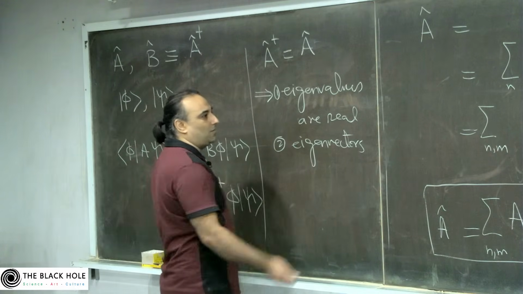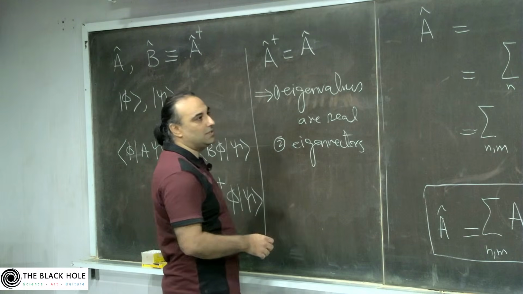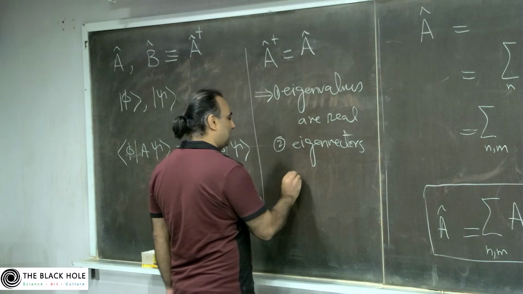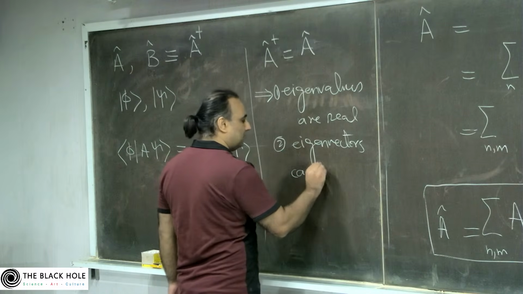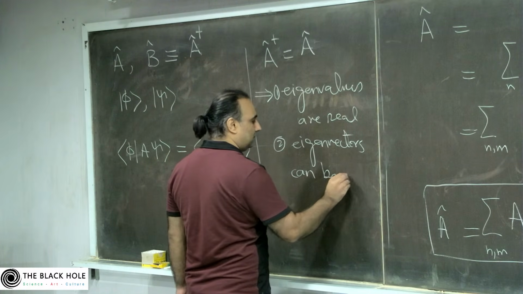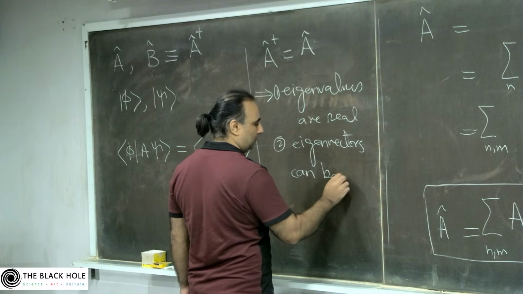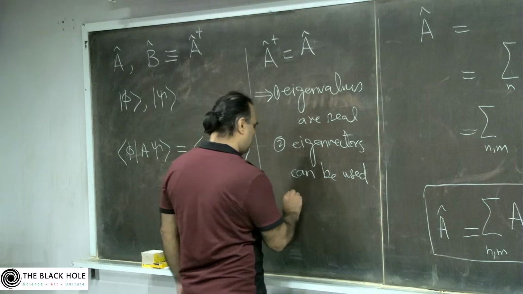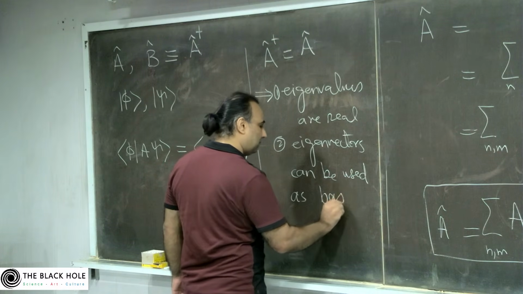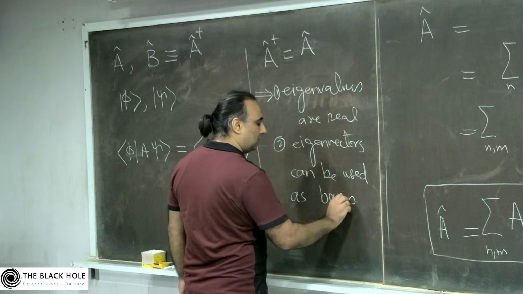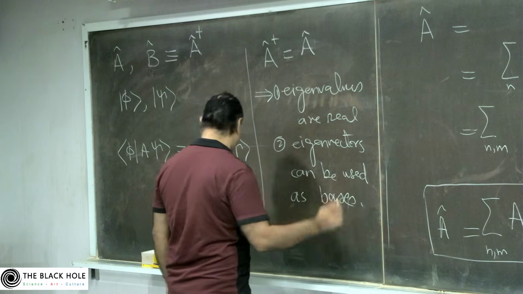We can orthonormalize them if they are not already, so they can be chosen as a basis.